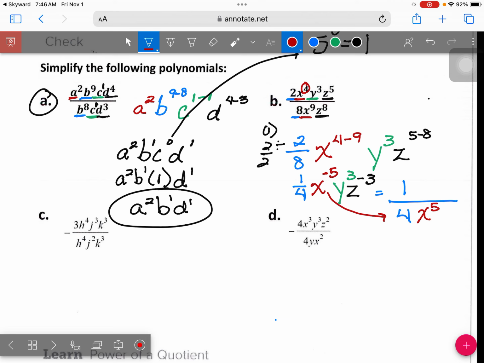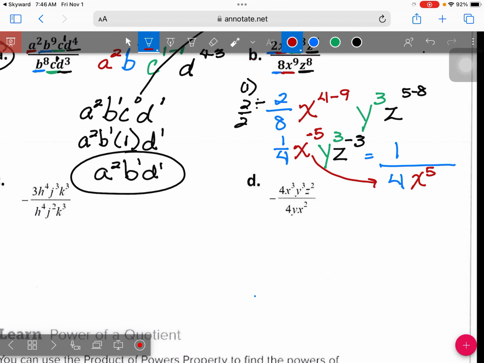Okay, guys, this is really important. X to the negative 5th moves down. Okay, y to the 3rd, that one's okay. So he's going to stay on top. And z to the negative 3rd power, again, negative exponents, you can't have it. He's going to move down to the bottom bunk.